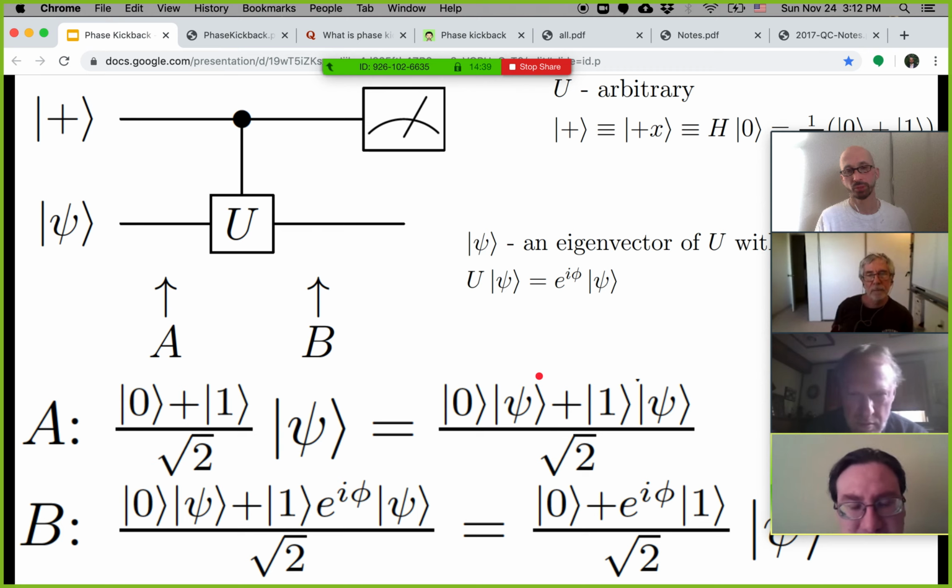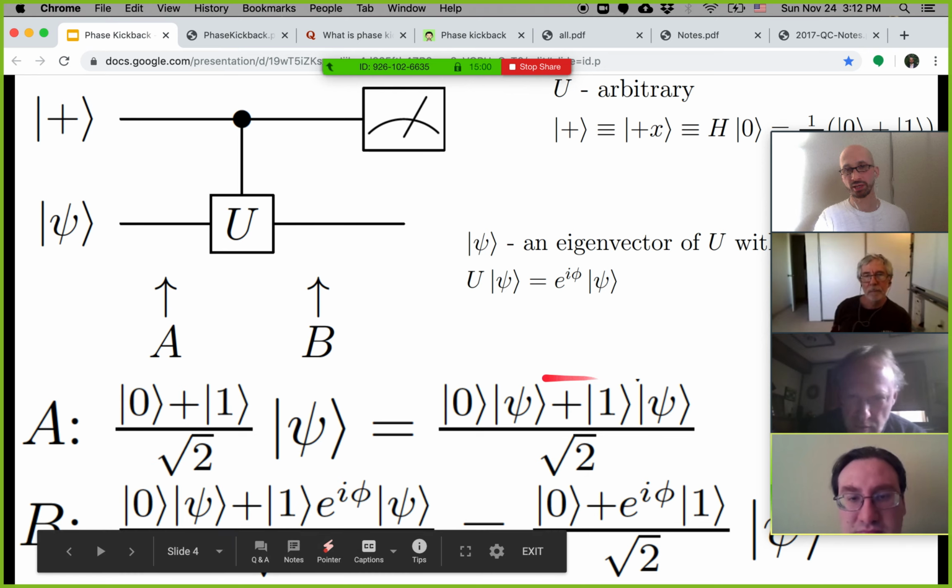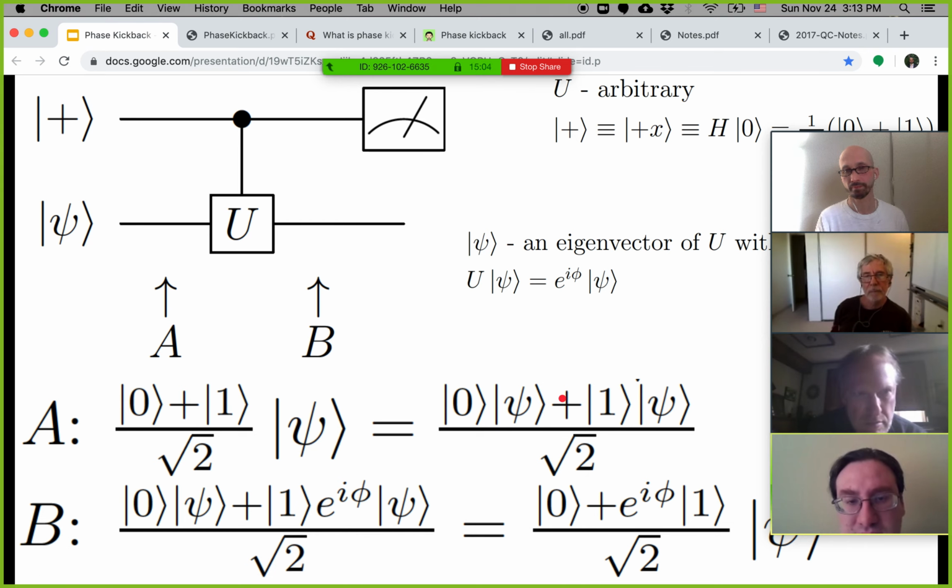Essentially, that makes sense to you, right? Yeah, the tensor product is the way we combine two qubits together. So this state on the right is the combined state for those two qubits.